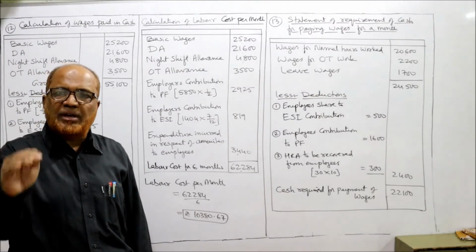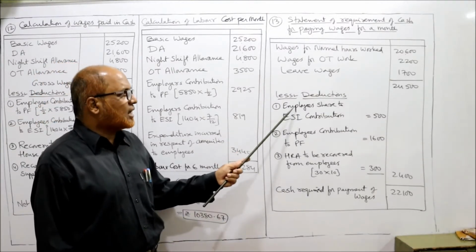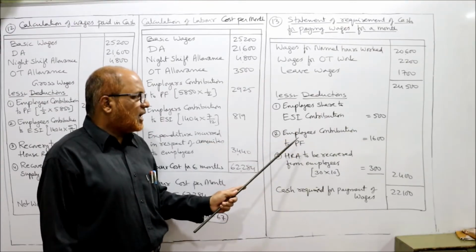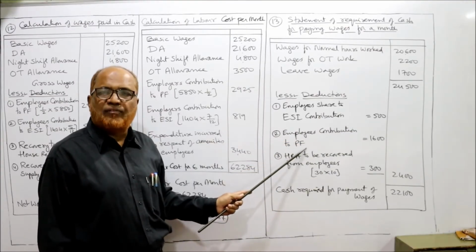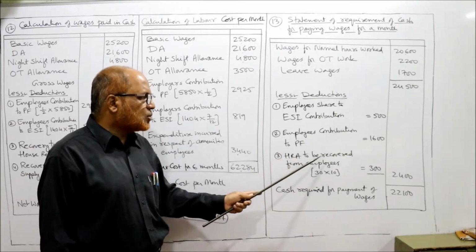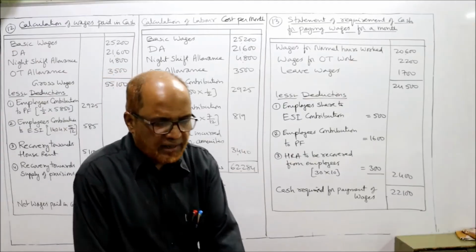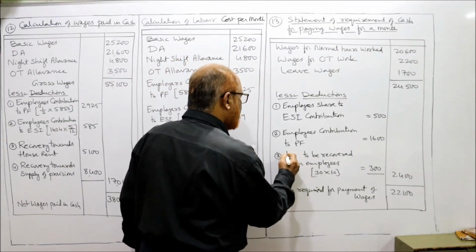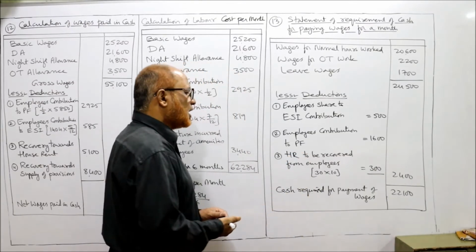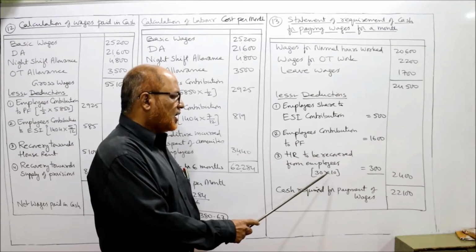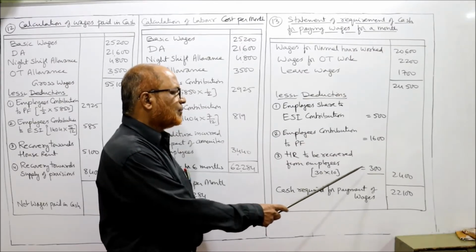From gross wages, we make the deductions. The deductions are employees' share of ESI contribution 500, and employees' contribution to Provident Fund 1,600. House rent to be recovered from employees, that is 30 into 10, 300.